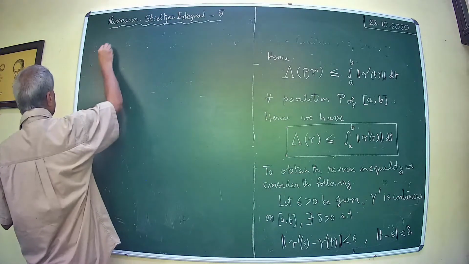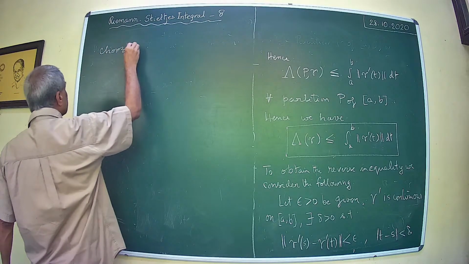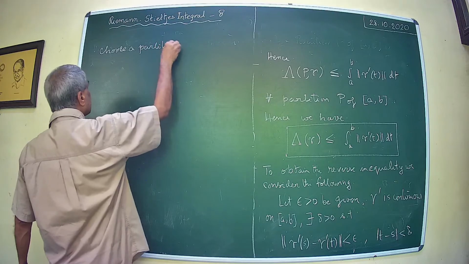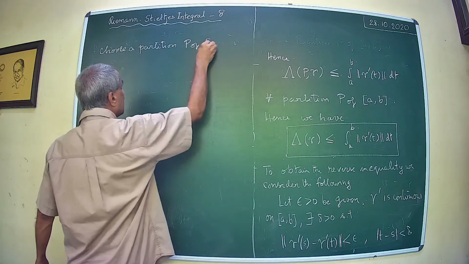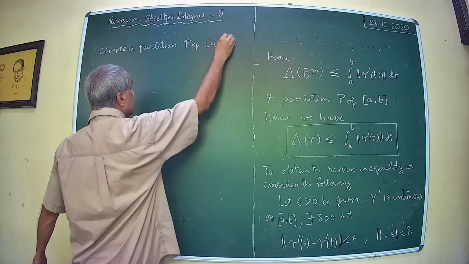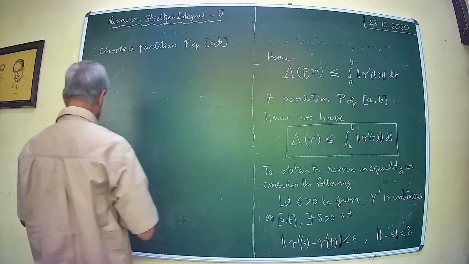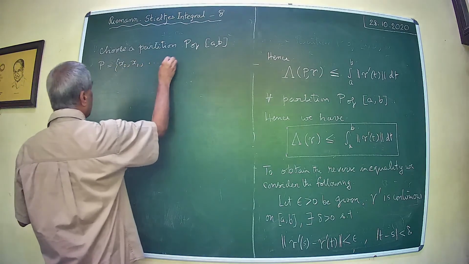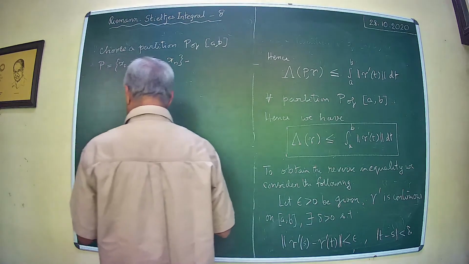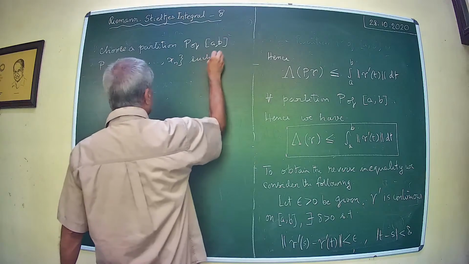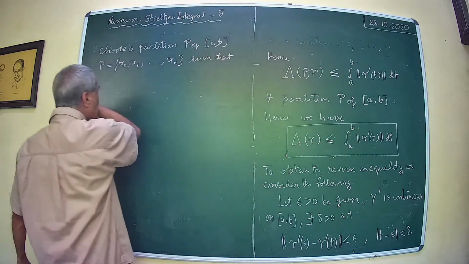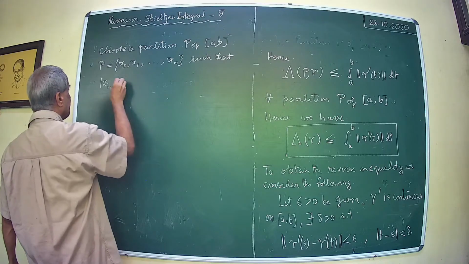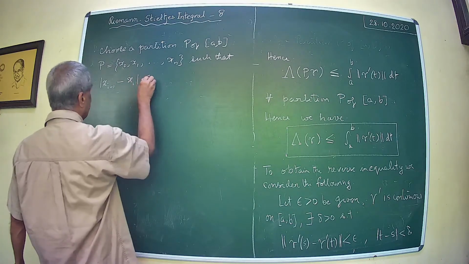Now we choose a partition P of a, b in the usual way, say P equals x0 to xm, such that the distance between xi minus 1 and xi is less than delta.